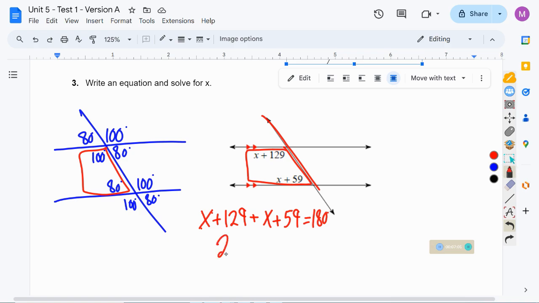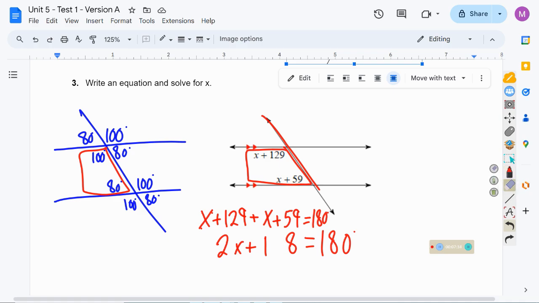So we got x plus x is 2x. And then 129 plus 59 makes us, all right, 188.